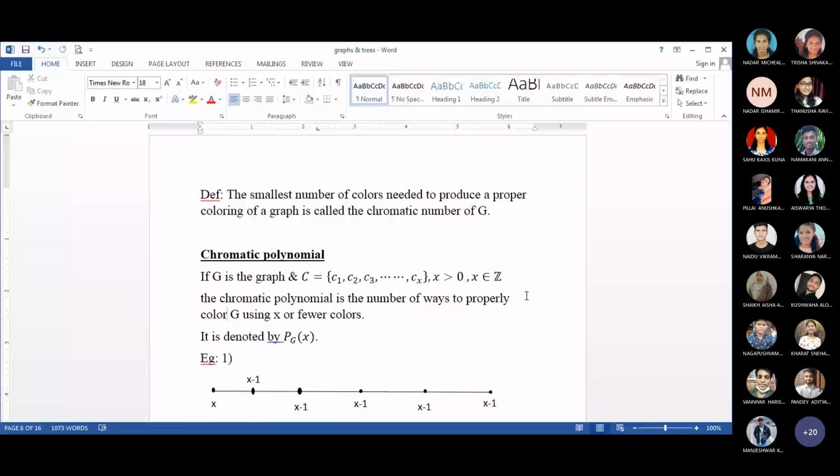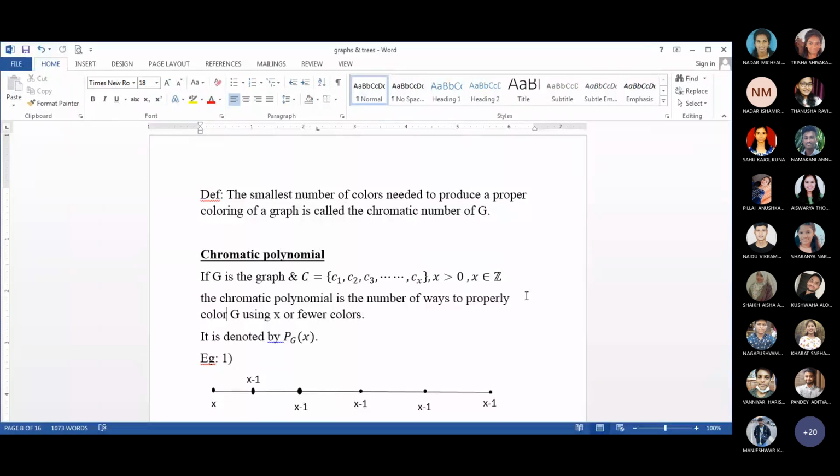That means using X or less than X colors. This is denoted as P suffix G of X. Again I repeat, chromatic polynomial is the number of ways to properly color the graph G using X or less than X colors.